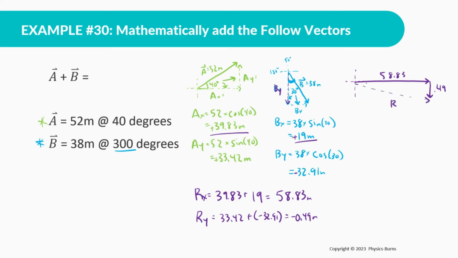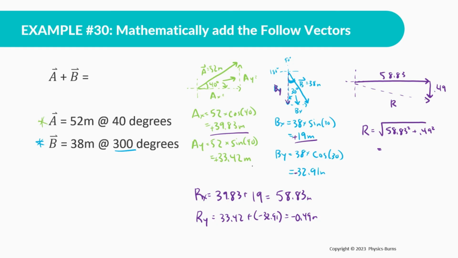Again, for the resultant vector, r squared is equal to 58.83 squared plus 0.49 squared. So r is equal to the square root of 58.83 squared plus 0.49 squared. And then I get 58.83.